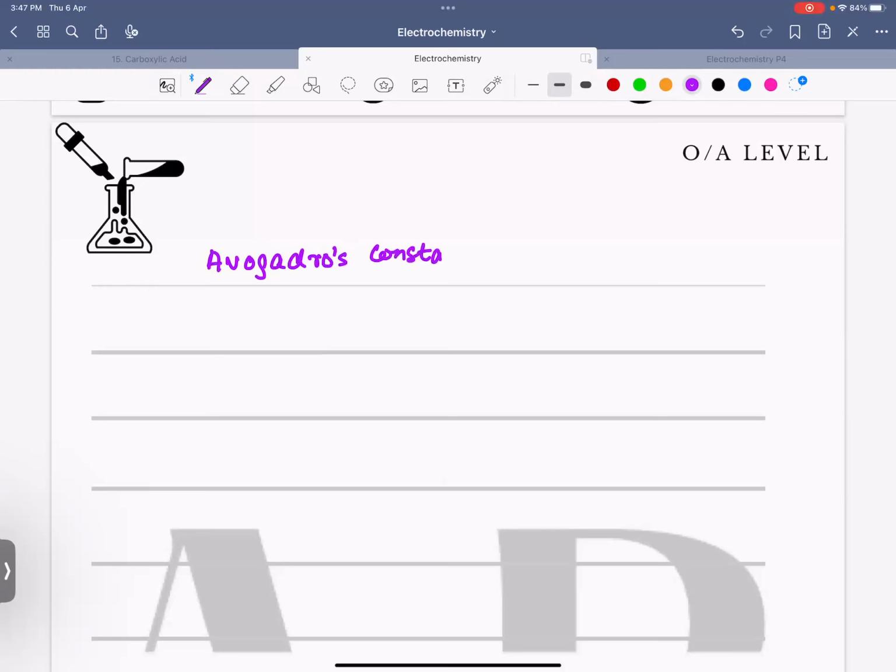Here we represent Avogadro's constant by capital L, and it is equal to 6.02 exponent 23. We can justify this figure. What does this figure basically represent? The number of particles in 1 mole. Right?